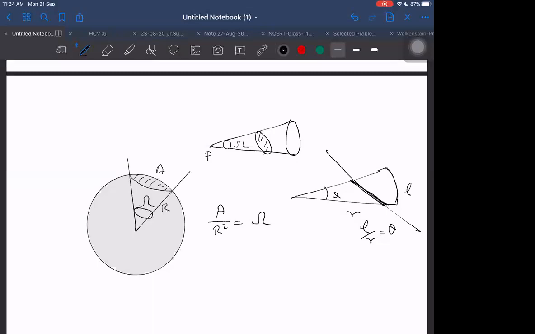It will be the area cut on the surface of a sphere by the cone. Which cone? That cone only which has its vertex at the center, not any other cone.